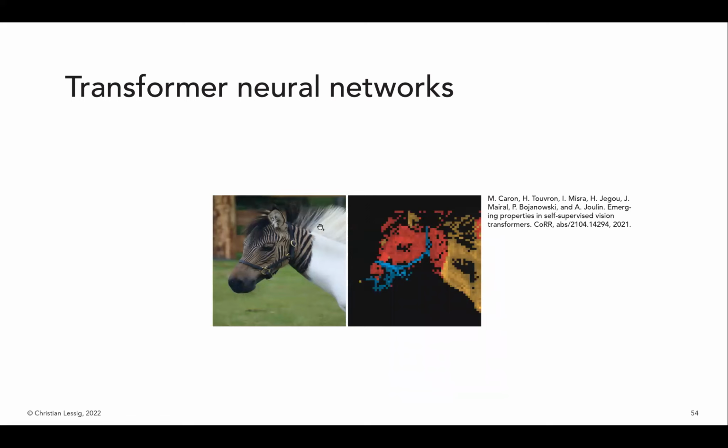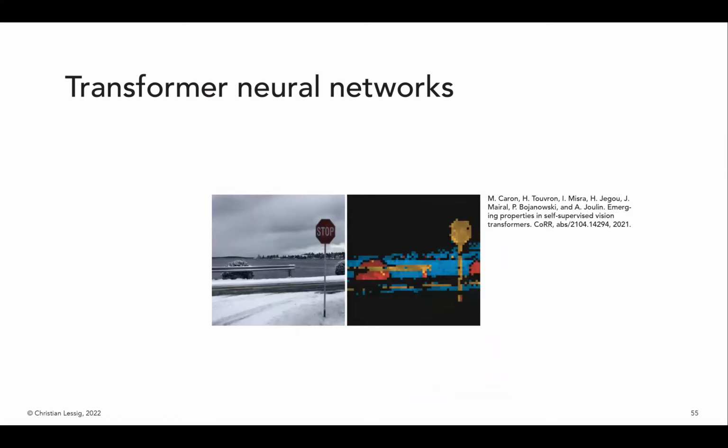And here you see what the network learned, or it wasn't told to learn it. It was trained on some quasi-classification task. The network learned automatically that image segmentation is the right thing to do to solve the task. And here's a second example where you have a road and it's segmented into the road, the bush here, and the rail guards. And this is essentially the network.